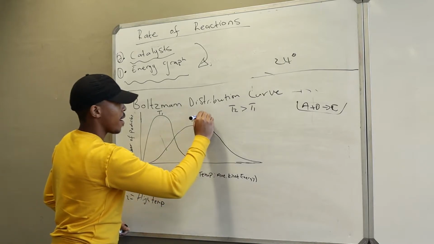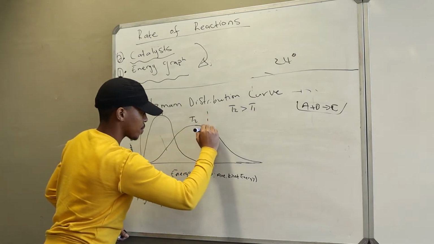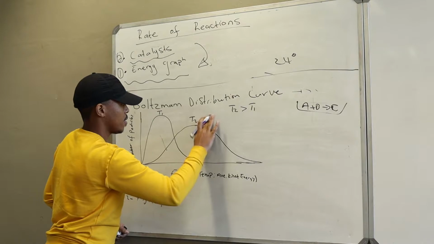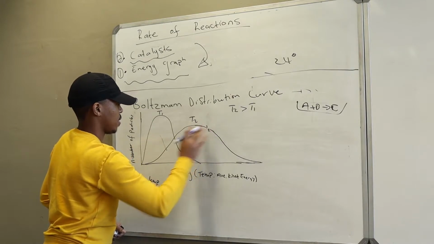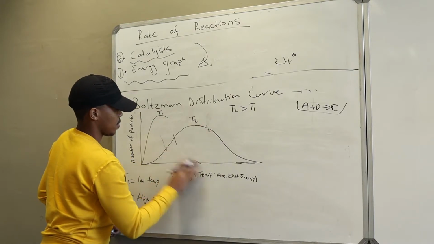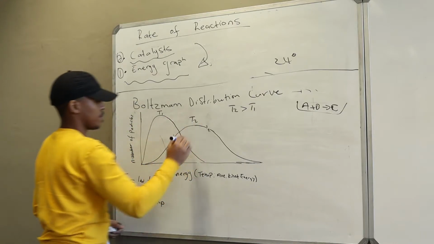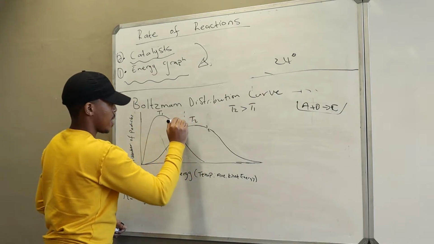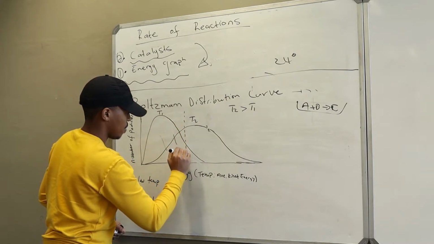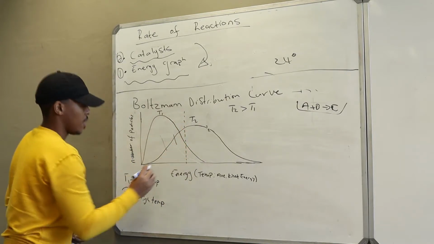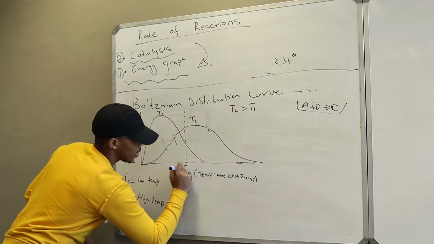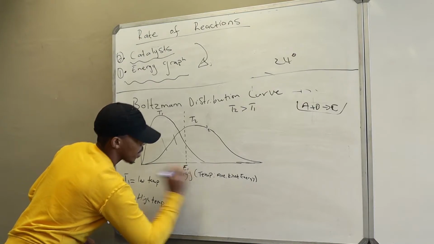And then we have a marker there. Let's increase that curve just a bit. There we go, and let's have a mark there. Let's call this point E1.